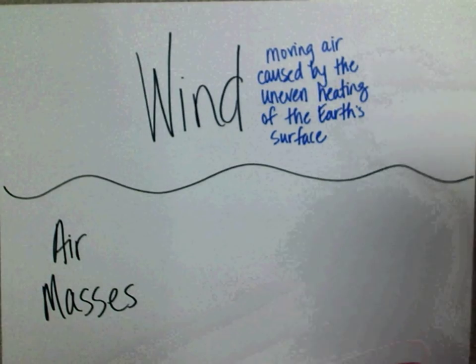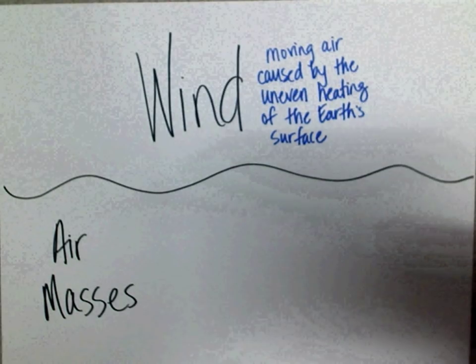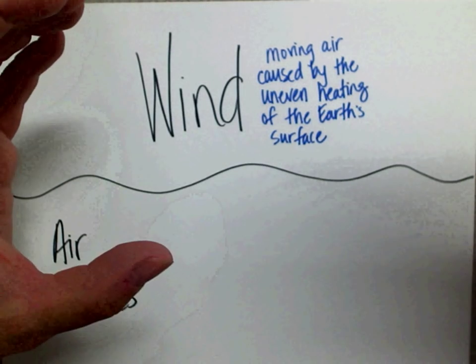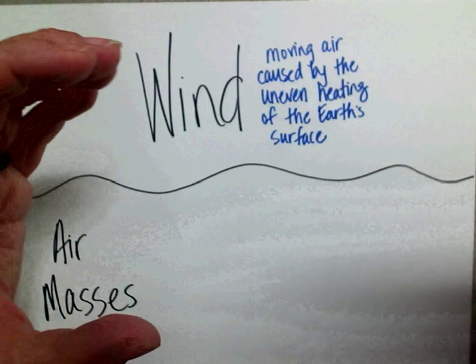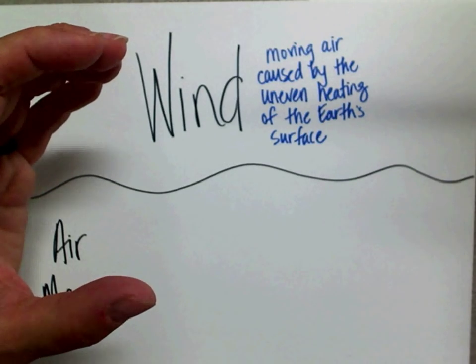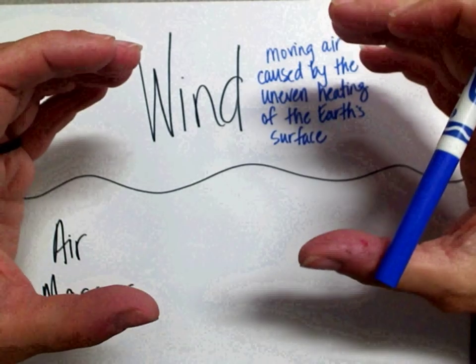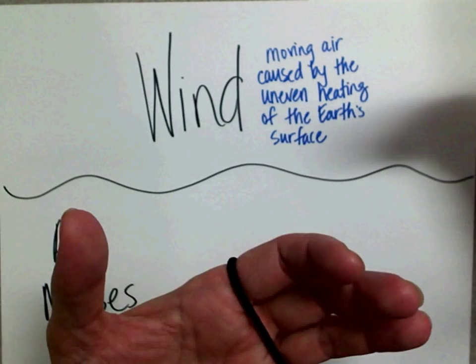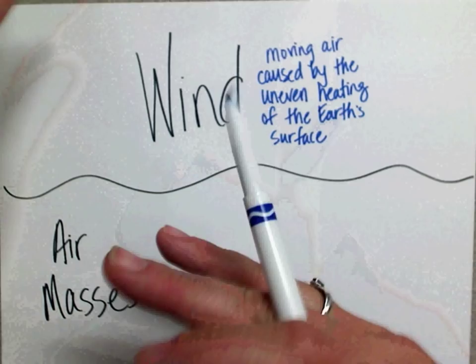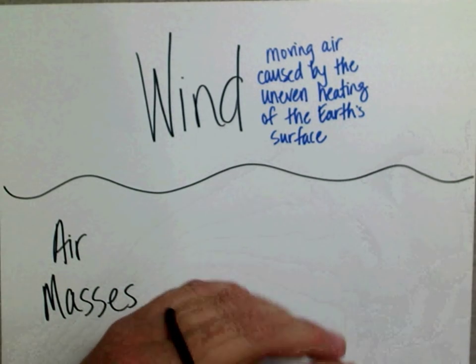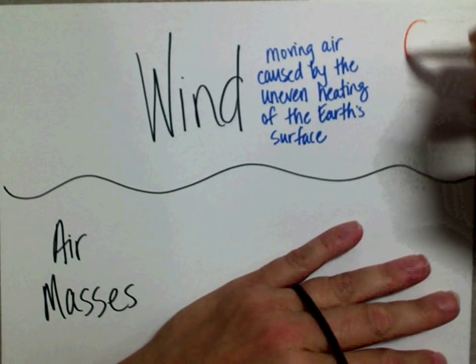Remember in the heating versus cooling lab, the dirt got hot and cooled down really fast. In the water beaker, it got hot really slow, and it also cooled down really slow, right? So that night air and that hot air in the morning is caused by the sun.